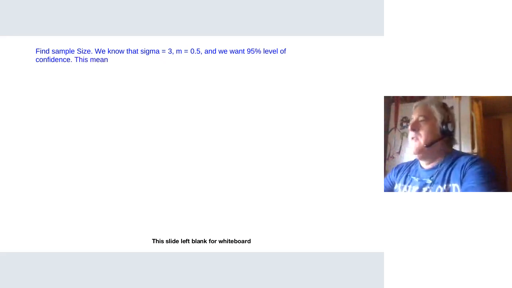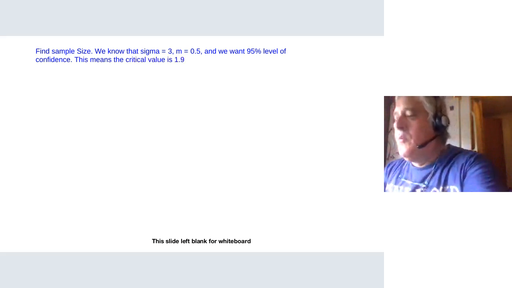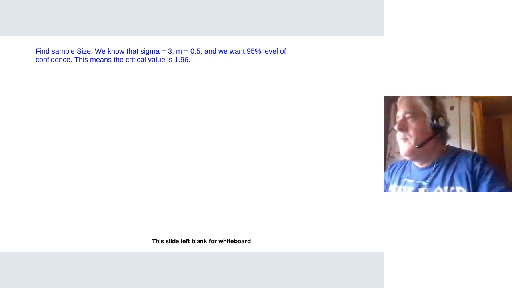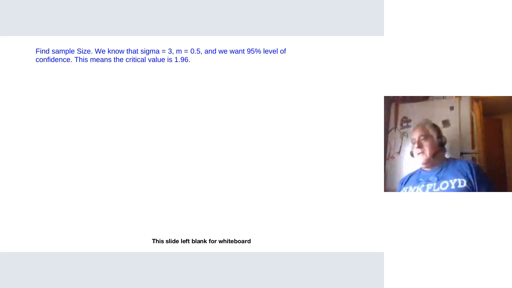So this means the critical value is 1.96, because that's the value you get on that table.